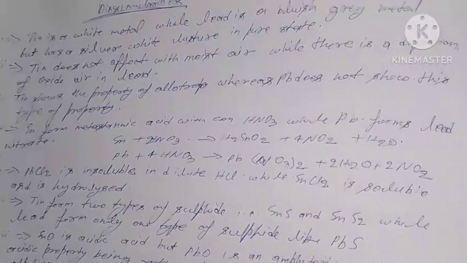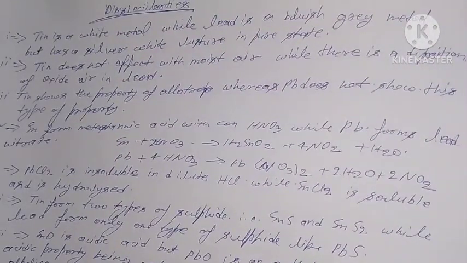Then dissimilarities between tin and lead. Okay, tin is a white metal while lead is a bluish gray metal, but has a silver white luster in pure state. Tin is not affected by moist air, while there is a deposition of an oxide layer on lead. Tin shows the property of allotropy, whereas lead does not show this type of property. Tin forms metastannic acid with nitric acid, while lead forms lead nitrate.